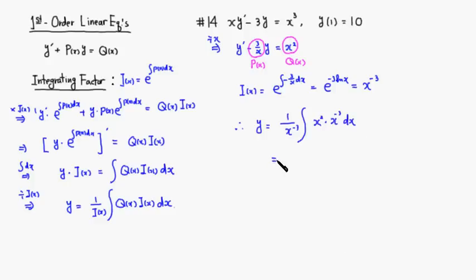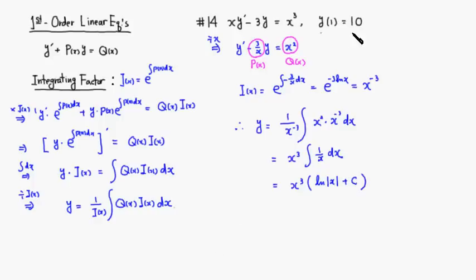This is just x cubed, and the integral is just the integral of 1 over x dx. Then evaluating that, you have x cubed times the antiderivative of 1 over x, which is natural log of absolute value of x, plus some constant c.